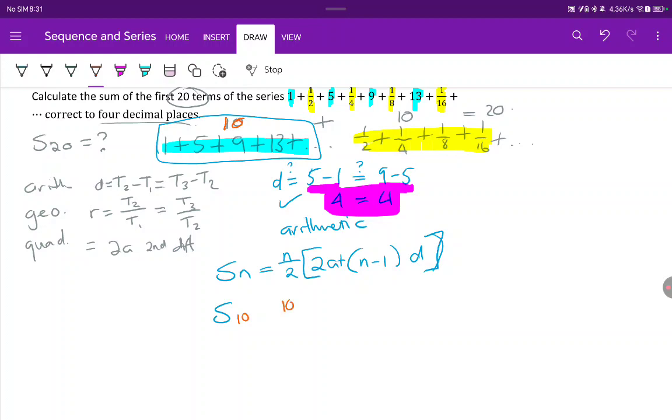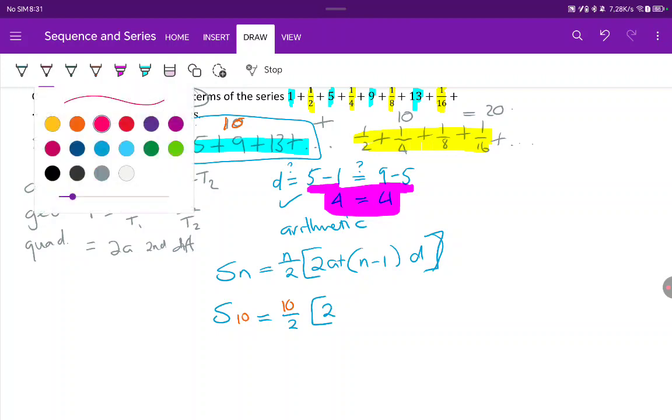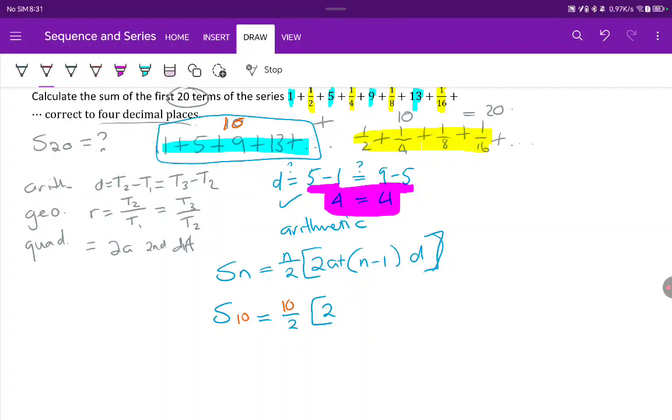And that is equal to 10 over 2, square bracket, 2 times a. A over here is term 1, which is 1, plus open bracket n, which is 10, minus 1 multiplied by d. And our d, we said d is equal to 4, multiplied by 4, close bracket, and close bracket. Now, calculator.